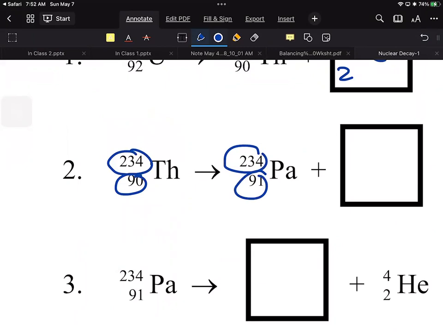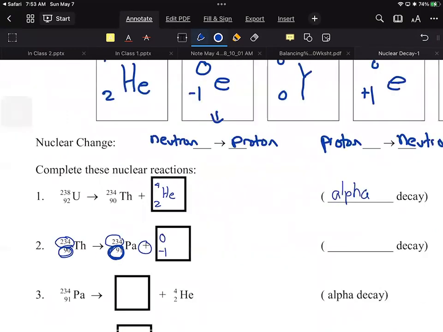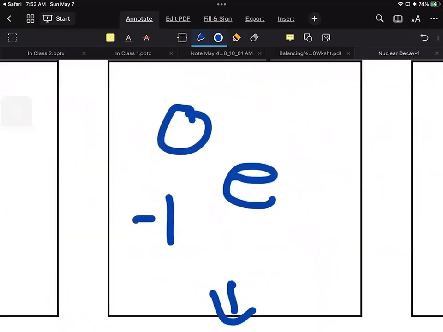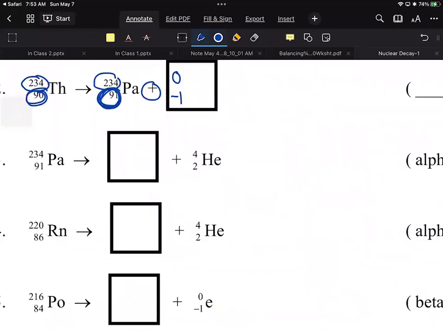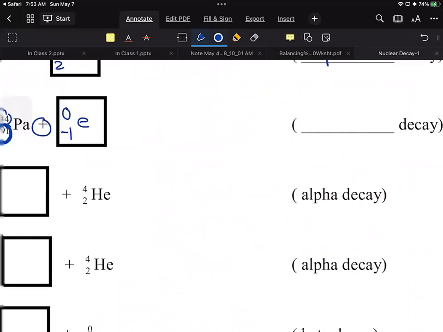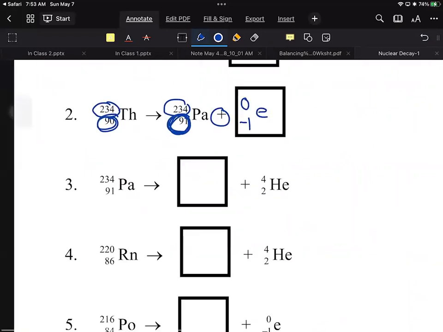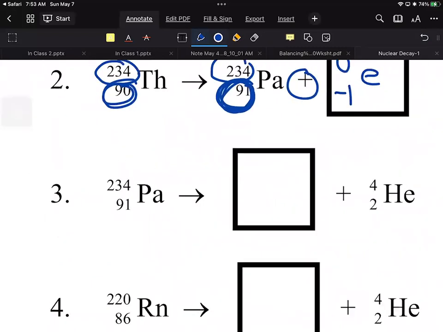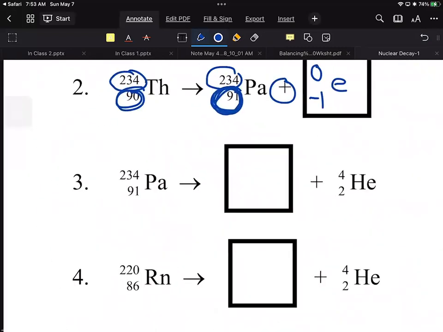So 91 plus what equals 90? This will be negative 1. The only symbol that is negative 1 is beta decay. All right, alpha decay. This is alpha decay.